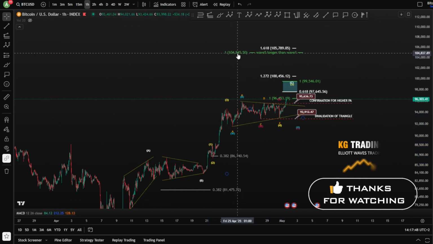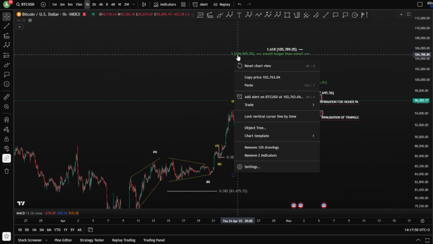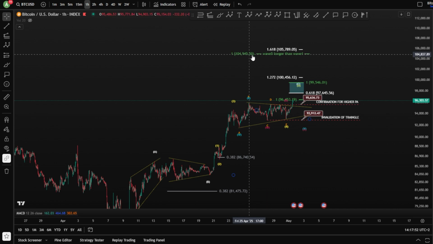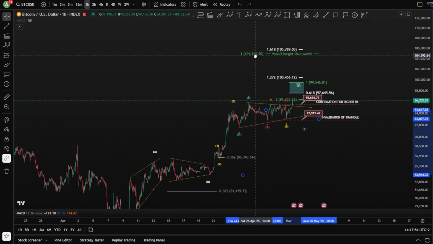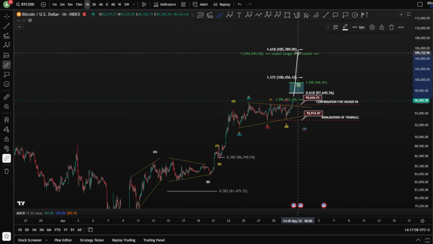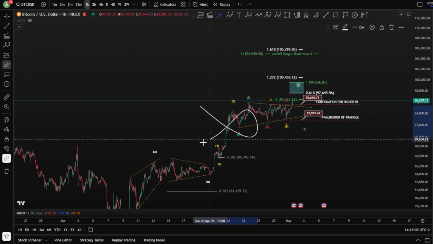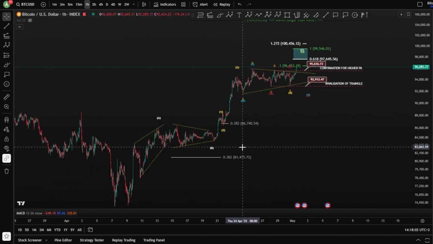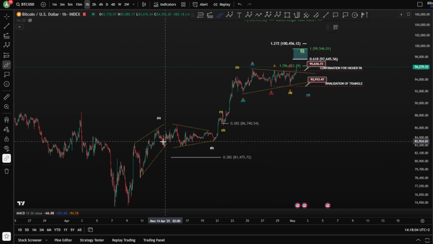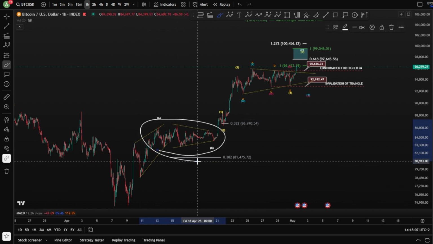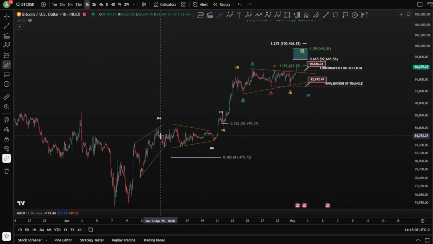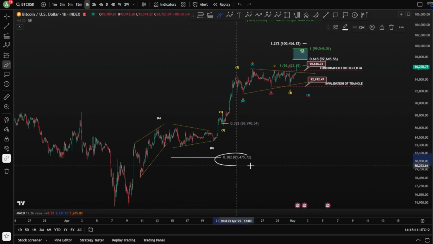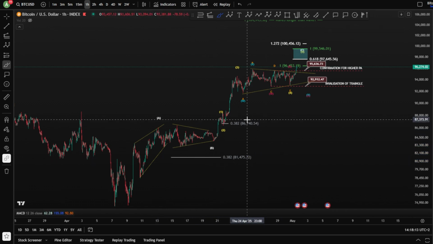At this level, let's say 105K, 104,950, a wave 5 becomes longer than the wave 3, and then invalidation of any kind of impulse, only in case, even like a very rare scenario, that a wave 2 is finishing in the sideways without reaching 0.38 and so on, guys.